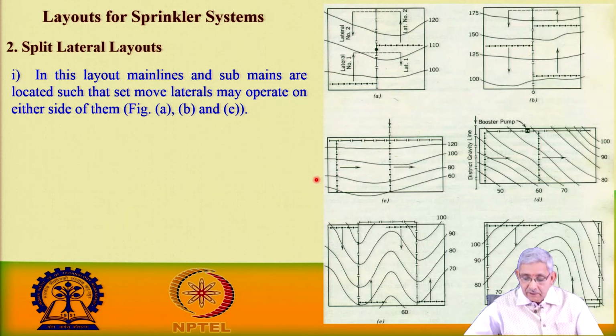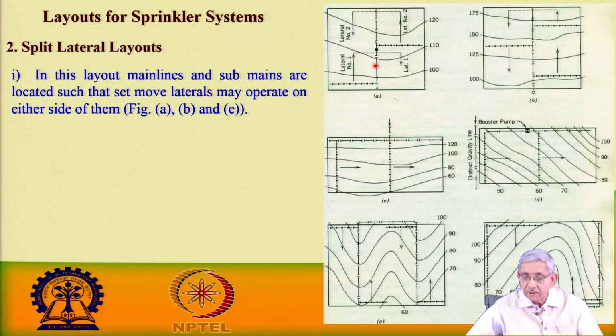Then this is another arrangement which you have seen there, if it is a split lateral layout. With the same kind of field, that can be another way. In this layout, main and sub mains are located such that the set move lateral may operate on either side of them.